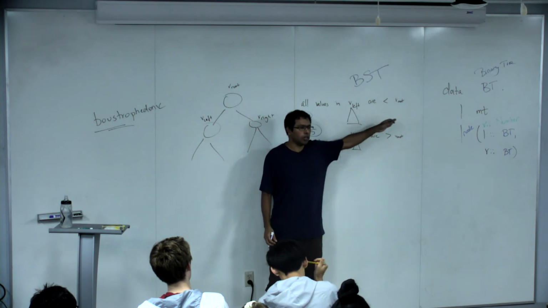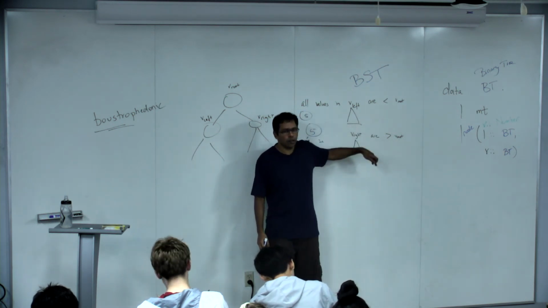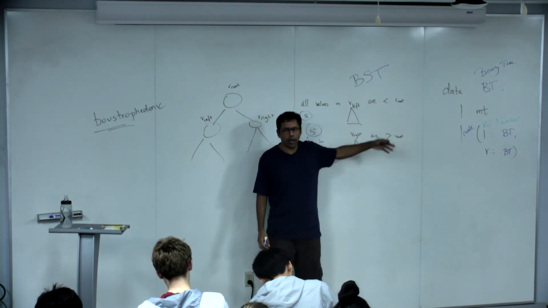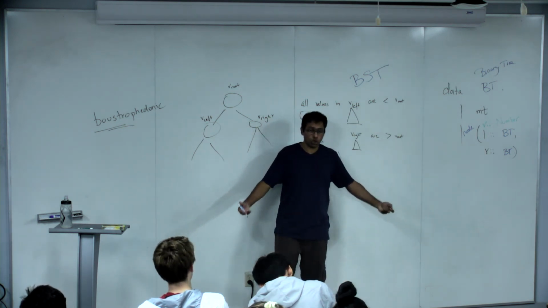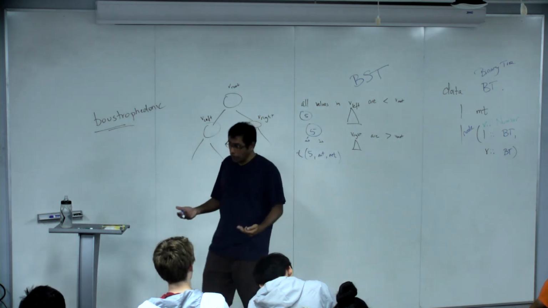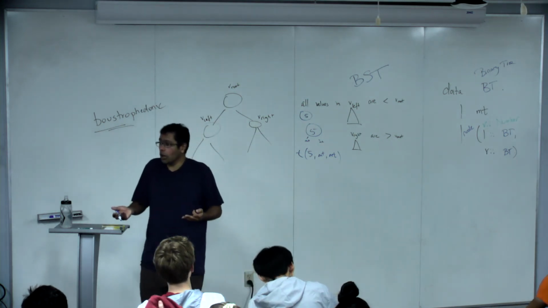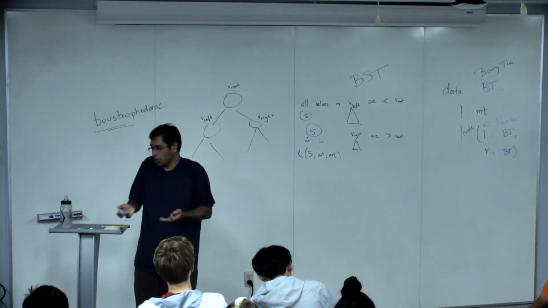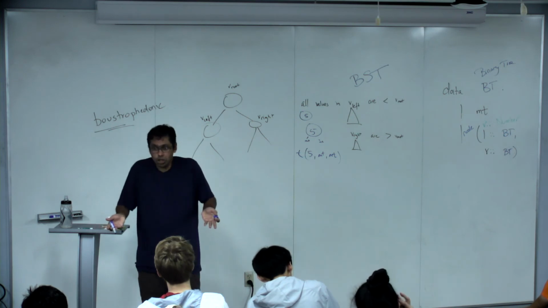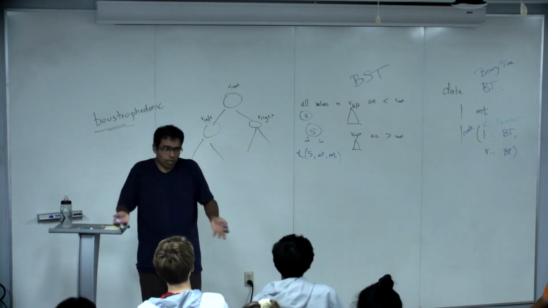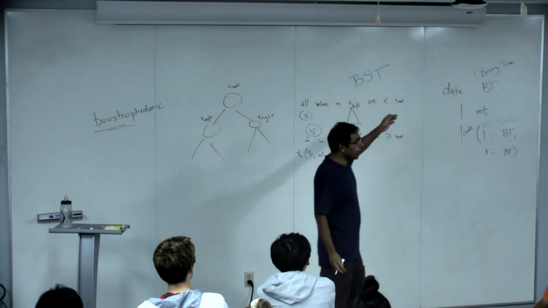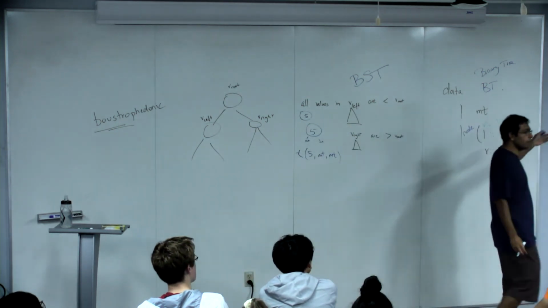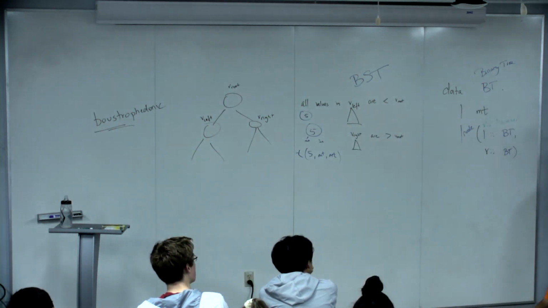Recursively, everything on the left is less than the root, everything on the right is greater than the root, and that holds for the subtrees as well. That's the thing we need before we can go throwing away half of the nodes or throwing away a subtree in our subset search process. So, what could we do to make this binary tree into a binary search tree?